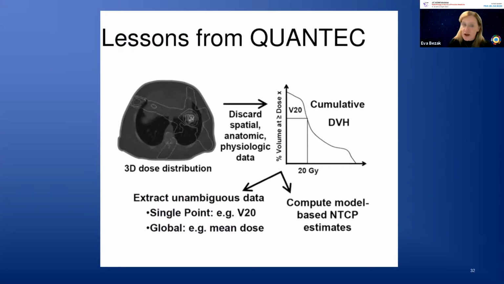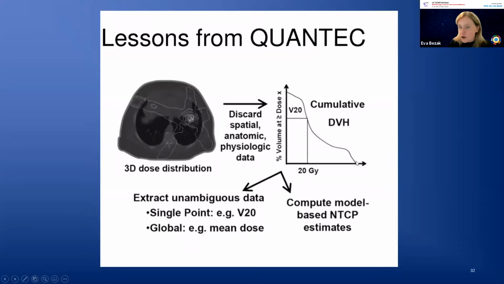So lessons from QUANTEC: we are not only looking at the spatial and anatomical distribution of data, we are looking at the dose volume histogram data, and we are trying to use that dose volume histogram data either to calculate the global mean dose or to calculate the single constraints such as V20, which is the volume that is permitted to be exposed to 20 grays.